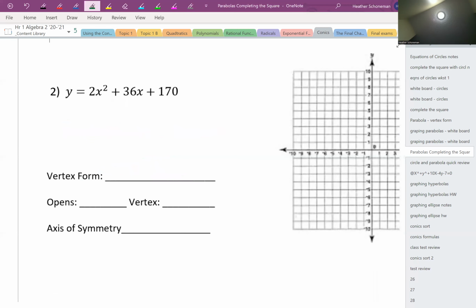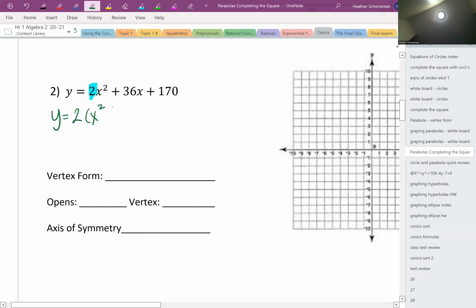All right, let's try this again on the second one. On the second one, I'm still going to complete the square, but when I complete the square, I need an invisible positive 1, and I do not have an invisible positive 1 there. So I'm going to factor it out. I'm going to take out the 2, and that leaves me with x squared plus 36 divided by 2, which is 18, plus blank, plus 170, plus blank. And now I'm going to fill in the blank.